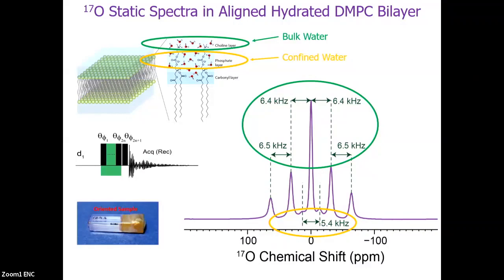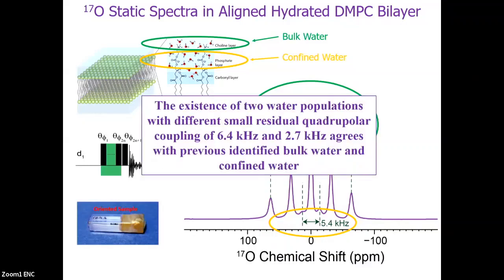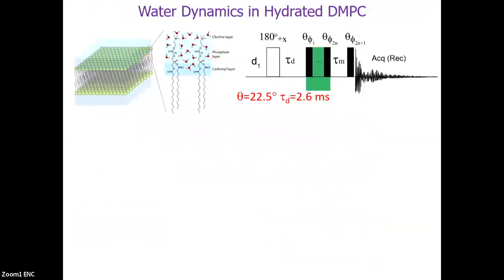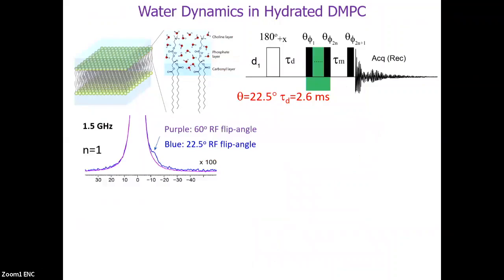So far we have been identifying waters that are fairly dynamic with a small quadrupole coupling constant. So what about water with a large quadrupole coupling constant, if there is any? Now we set theta to 22.5 degrees, which means by this angle we suppress the bulk water as previously suggested.